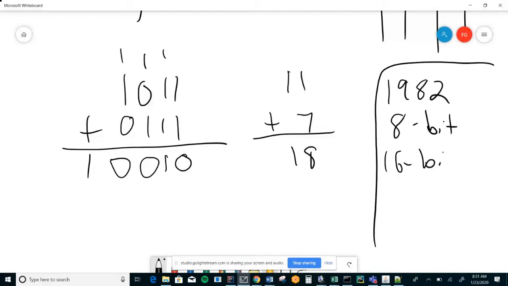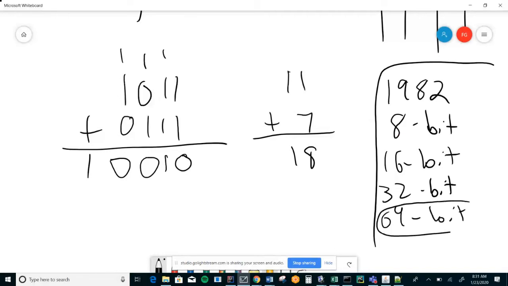Those were 16-bit width. By about the late 80s or thereabouts, we started having 32-bit machines. And then around the turn of the millennium, we started getting 64-bit machines. And at this point, just about any commercially sold machine is going to be 64-bit.